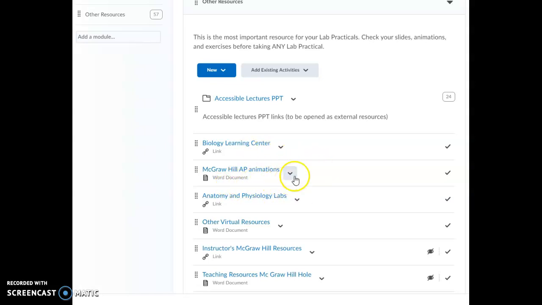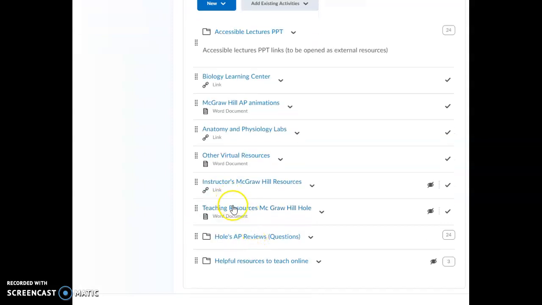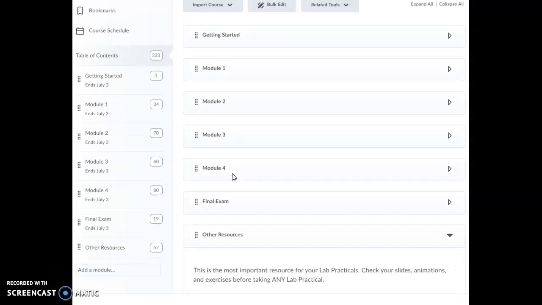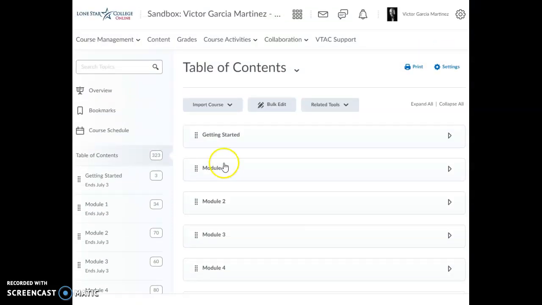You have here your animations. It's a cool way to learn your textbook, and here you have other resources, and they're gonna be very useful for your success here in anatomy and physiology.